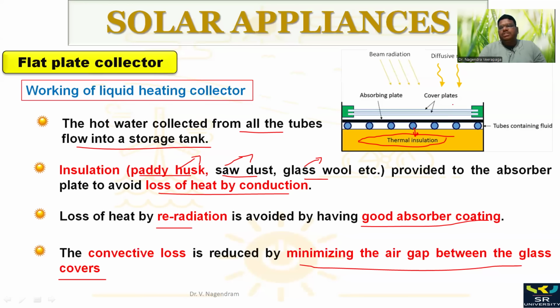So to avoid the convective losses, we will reduce the gap between these two glass covers to the minimum possible length. But we don't keep them in contact. We have to keep some spacing, but that gap should be minimum to avoid the convective losses.